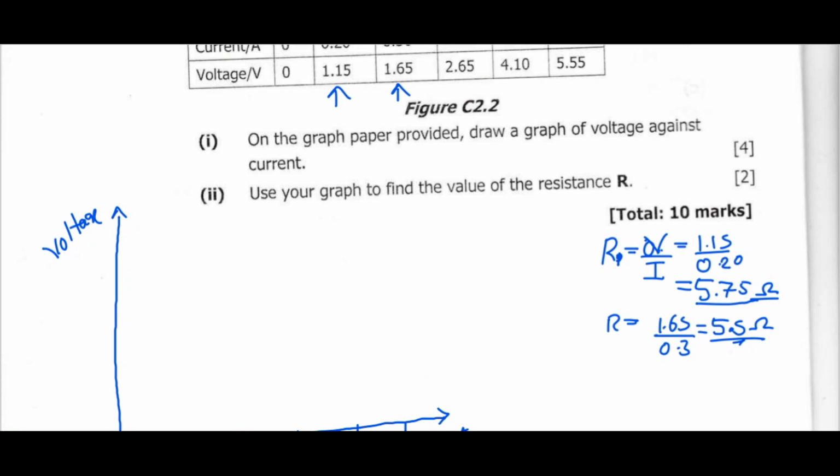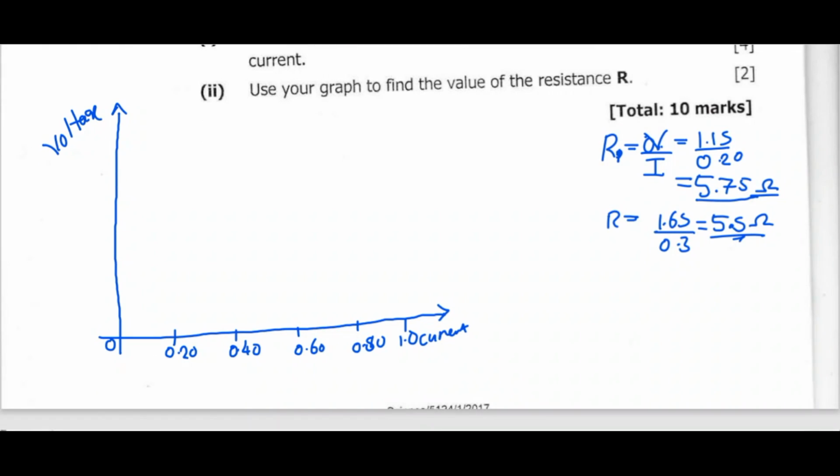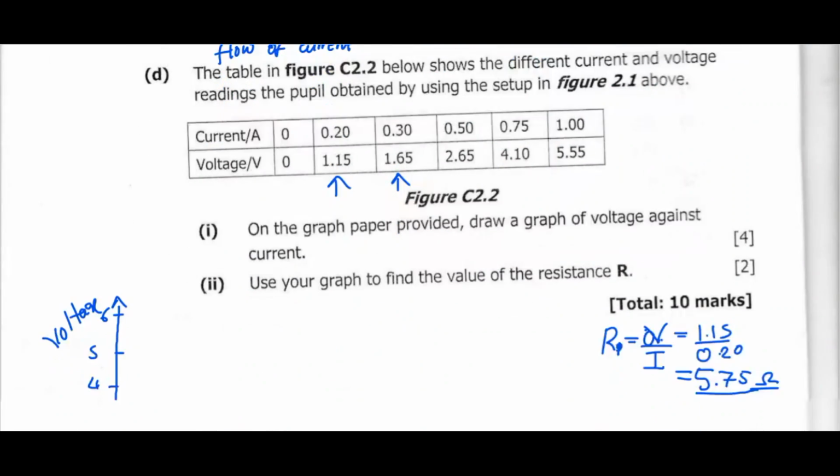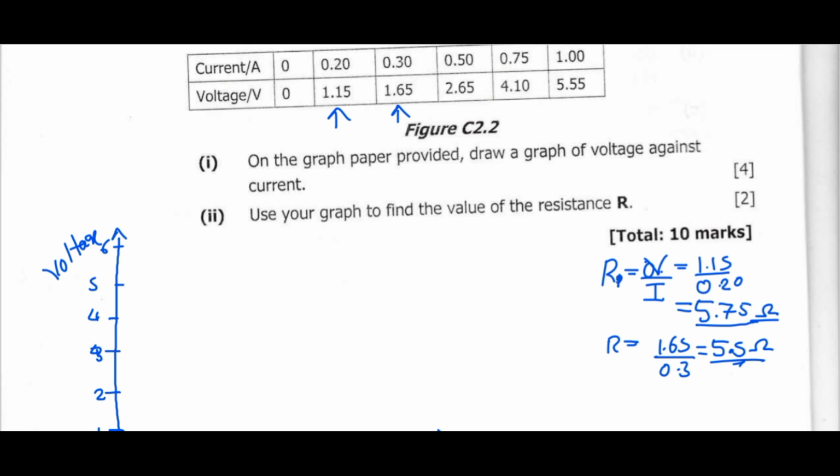Then on the y-axis voltage, it's 1 up to 6. So we can just use 1 centimeter to represent 1 unit, as long as we are able to reach 6. So here I'm just trying to see how I can make the best of this, but for you that are using graph paper, make sure you do your best.